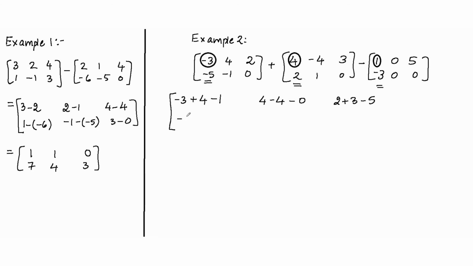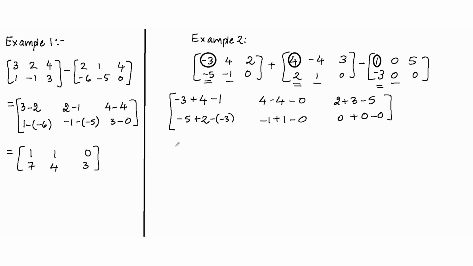It is negative 5 plus 2 minus of minus 3. Then the second row, second column element, minus 1 plus 1 minus 0. And then the second row, third column, that's 0 plus 0 minus 0.